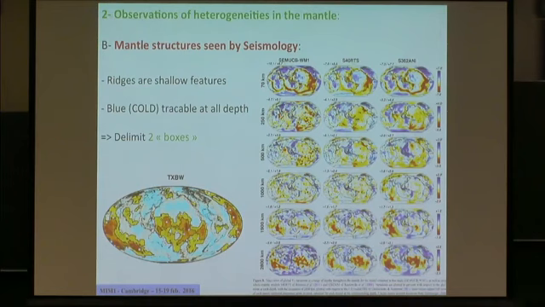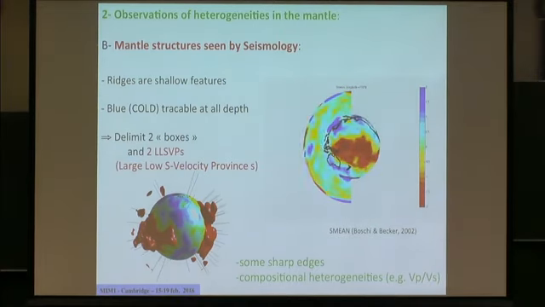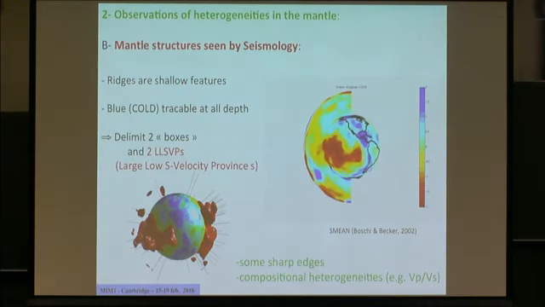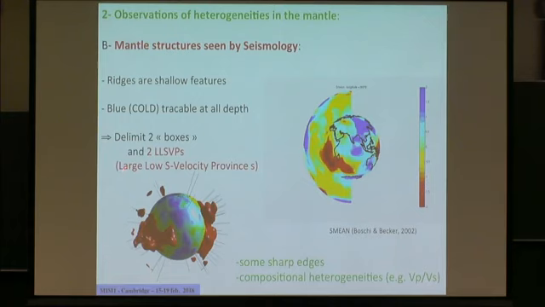So in fact, slabs are giving us the larger length scale of motion in the planet. But within those two boxes, we have slow anomalies, and they're quite large. It's degree 2. So they've been called the large low S-wave velocity provinces, LLSVPs.